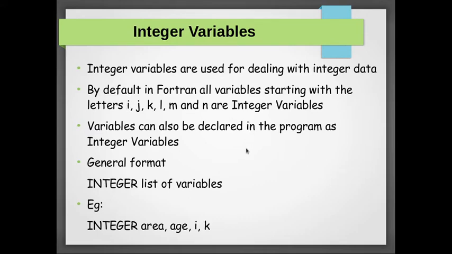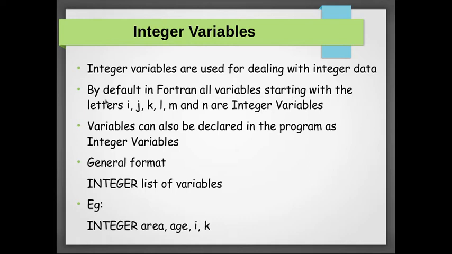Say I supply a data 43.2 and store it in the location named I. By default, I is an integer kind of variable. So what will happen is that 0.2 will be lost. Only 43 will be stored. So this is something which we need to remember.